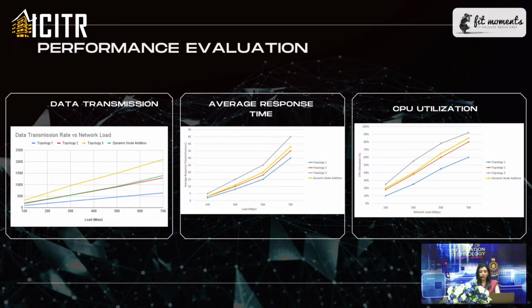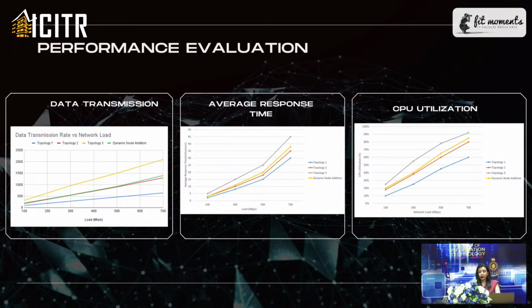The average response time is how fast the network can react to a data request. In the simulations, the dynamic approach gave about 3 milliseconds latency at the 100 Mbps load, and at the 700 Mbps load, the latency was 38 milliseconds.